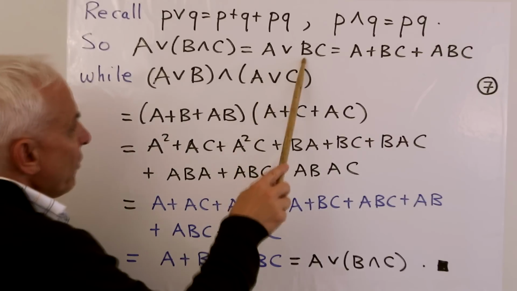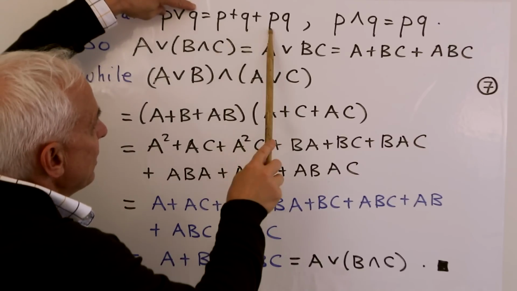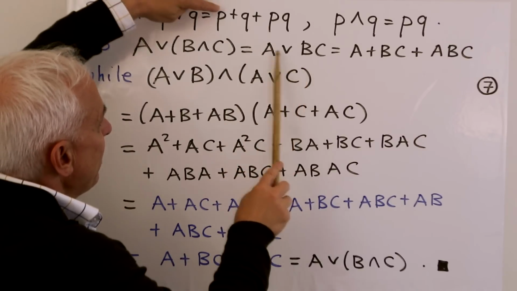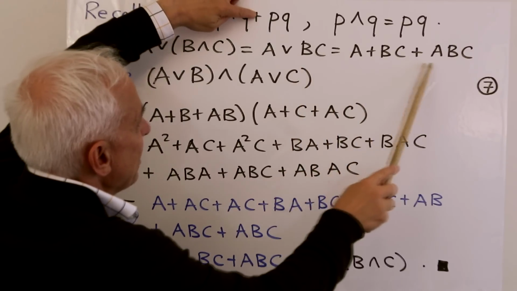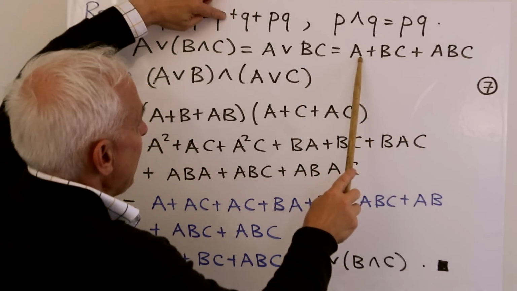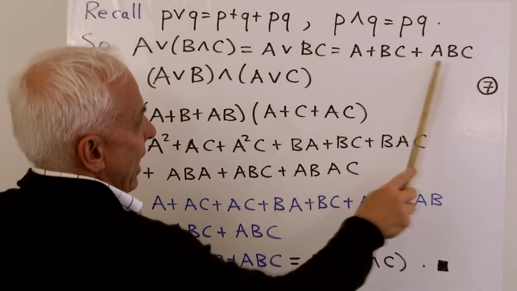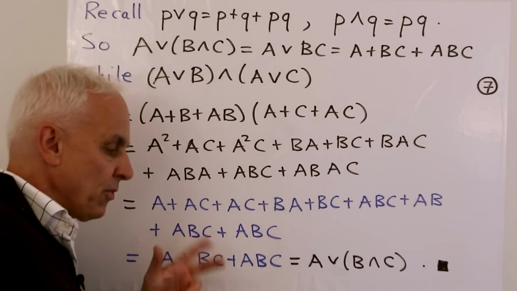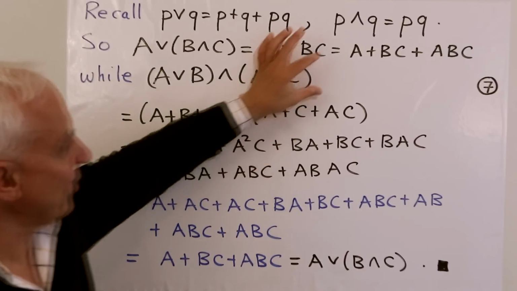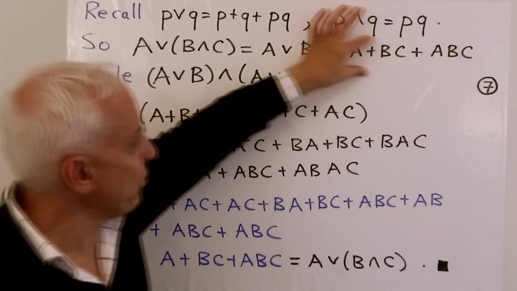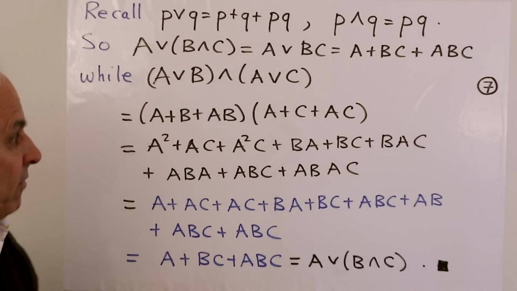Now, how do we convert something like this? It's like a union or a ∨. Well, according to this, we have to replace it with the first term, the second term, plus the product. So here's A plus BC plus the product of A and BC. And we know things are associative, so I'm not going to bother with any brackets. So this is an algebra of Boole representation for the left-hand side of this distributive law.